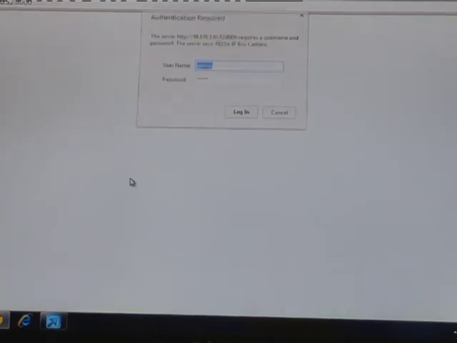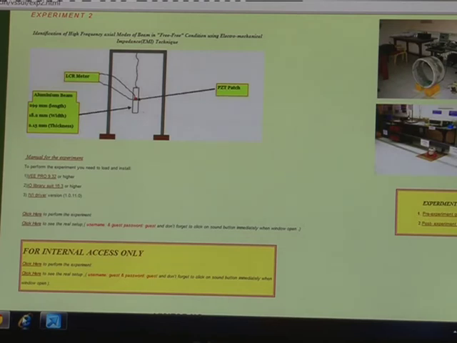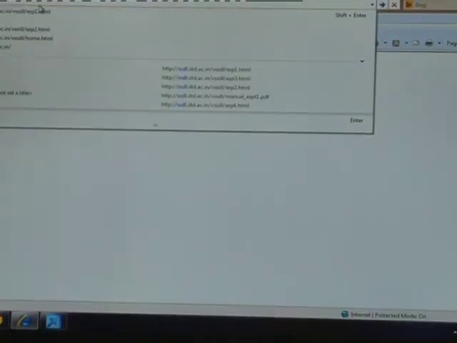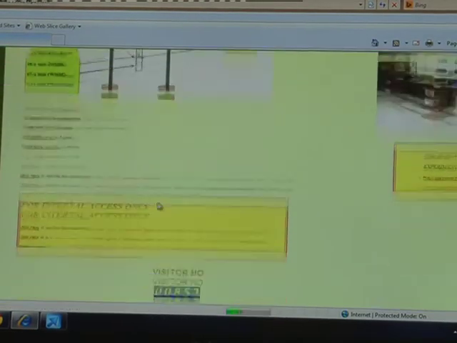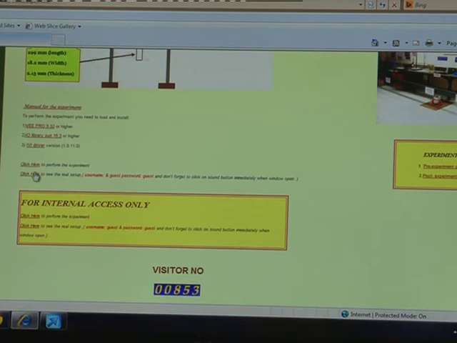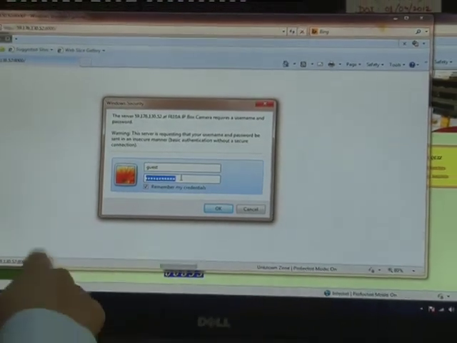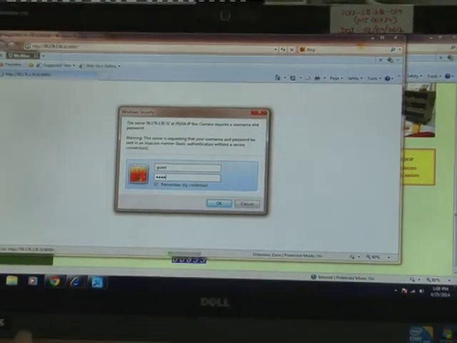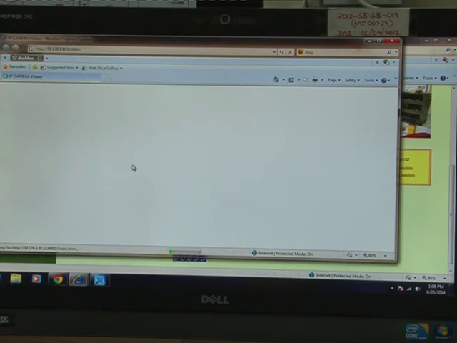Again, when he clicks this button, it has to be opened in Internet Explorer. Experiment 2. To see the real time setup, the ID and password are guest and guest.